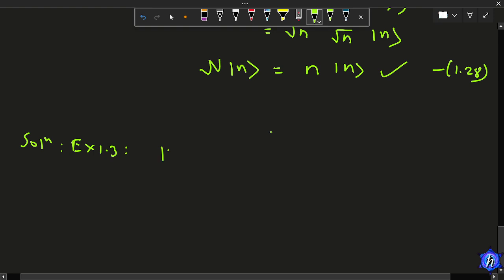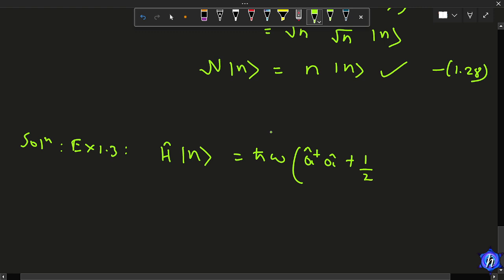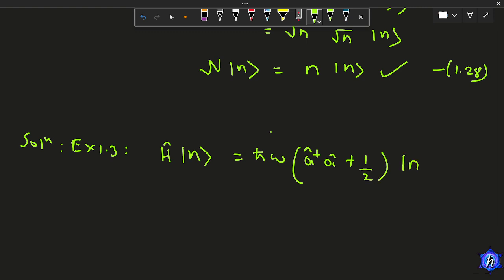So the H operator acting on n, we know this to be, this is what we have done in the whole lecture, h cross omega times (a dagger a plus half) acting on the state n.